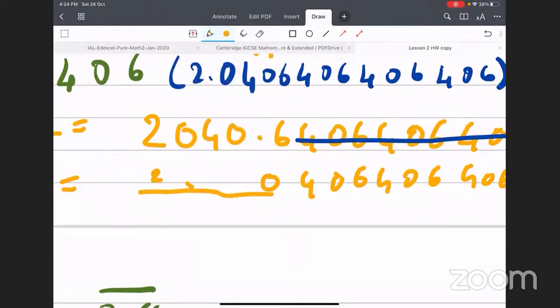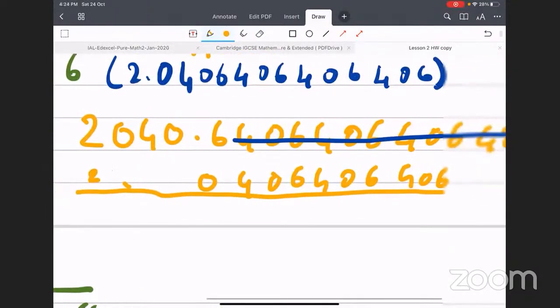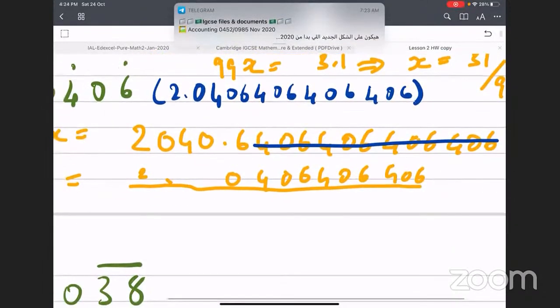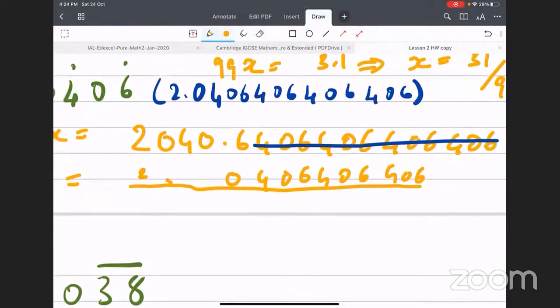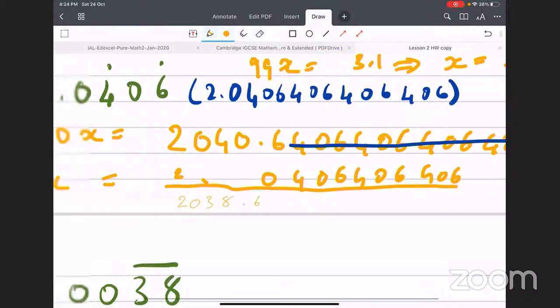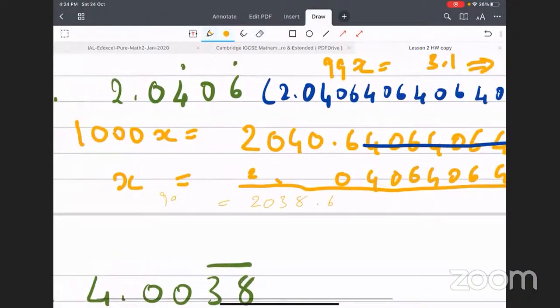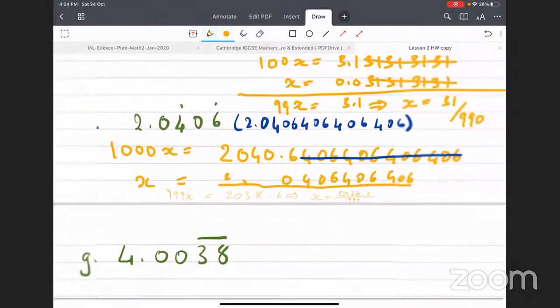So this would be 20.386, 20.386 would be equal to 999x. So x is equal to 20.386 divided by 999. Okay.